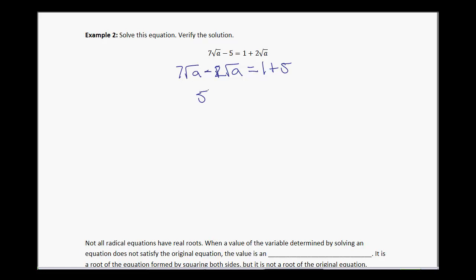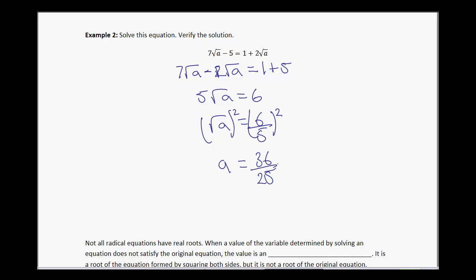Collecting like terms, we find 5 root a equals 6. Isolating root a, we get root a equals 6 over 5. Now we need to square both sides, and we're left with a equals 36 over 25.